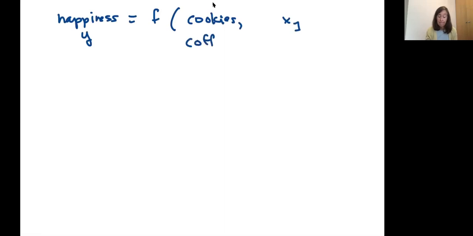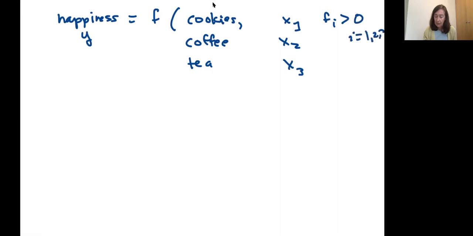The coffee that's available, x2, and the tea that's available. I like all those things, okay? And the fact that I like all those things means that my happiness is increasing in the quality of all three things. So I've got a positive first derivative for i equals 1, 2, and 3. Probably at a diminishing rate. You know, you can only appreciate so much quality. So my second direct partials are less than 0.